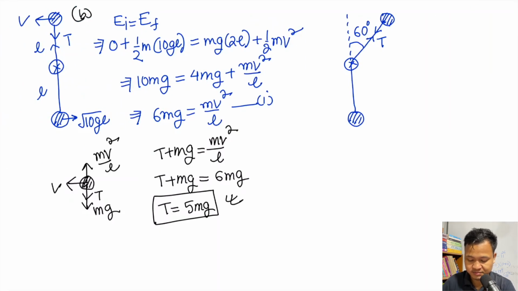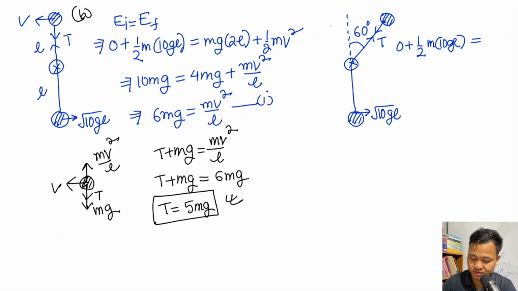So you do energy conservation again. Here I will have initial energy 0 plus initial speed root 10gL, half into m into 10gL. I'm going to skip some steps here. This should equal the potential energy.